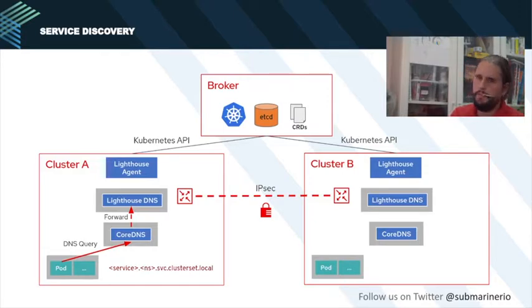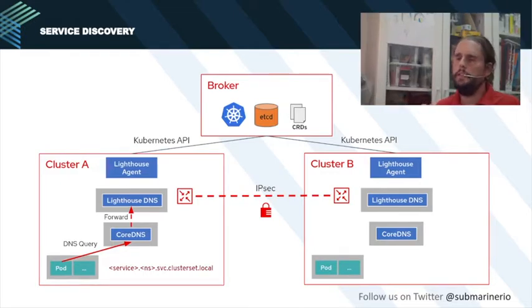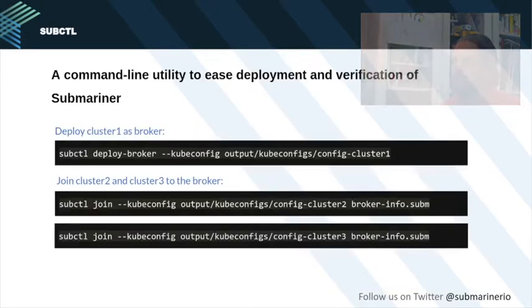So if you have a service which is living on multiple clusters, only the connected clusters will be in the DNS response provided by Lighthouse DNS. So this is all about service discovery.